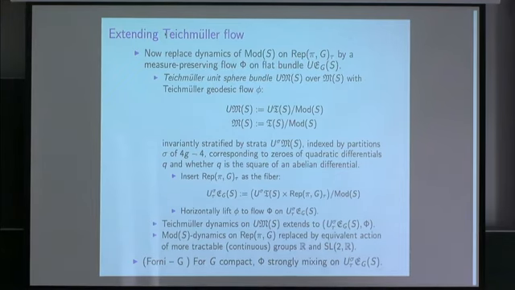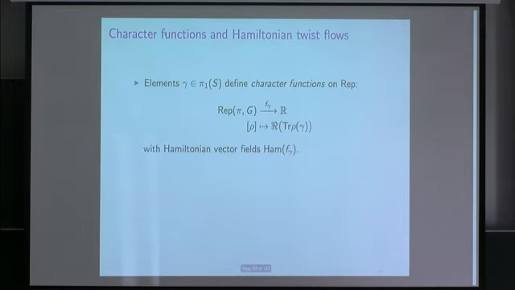So I'm hoping that using deep results in Teichmuller dynamics will give sharper results on the dynamics of the mapping class group. Okay, so let me say a little bit about the proof of the ergodicity and then get into some specific examples for free group of rank 2.